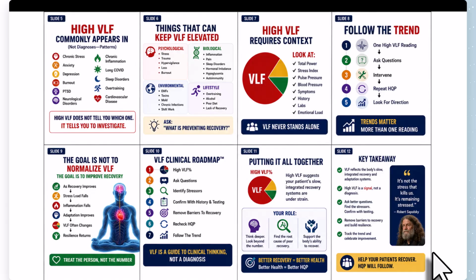Putting it all together. High VLF suggests your patient's slow integrated recovery systems are under strain. Really, what we're talking about is it's usually chronic stress. The red pie is usually chronic stress. And when we talk about it, it's slow system where we talk about snail mail versus fast speed internet, which is your yellow pie and the green pie.